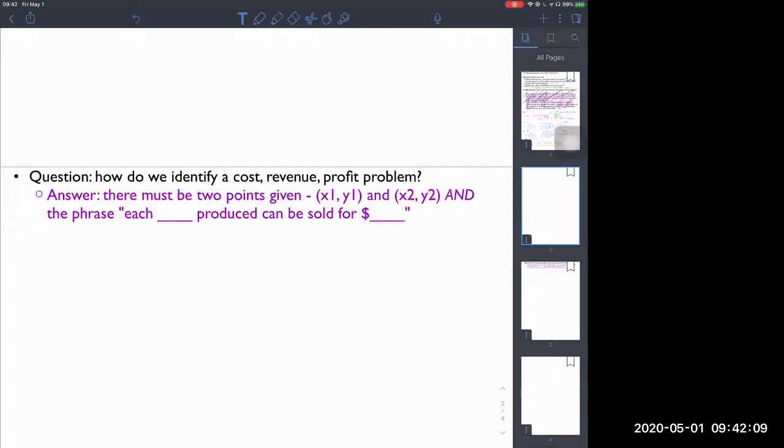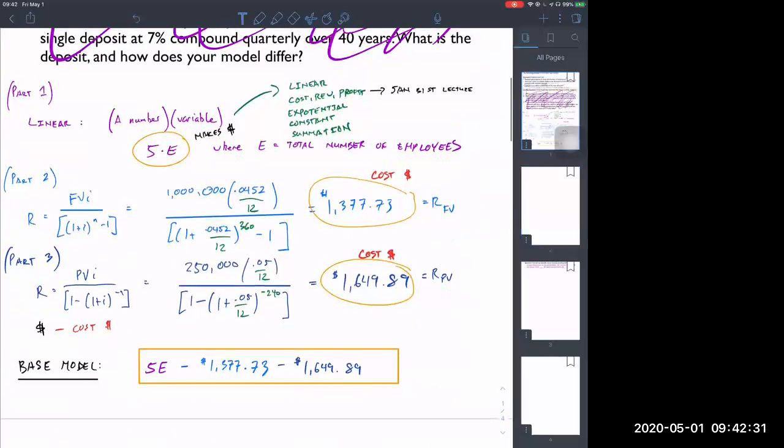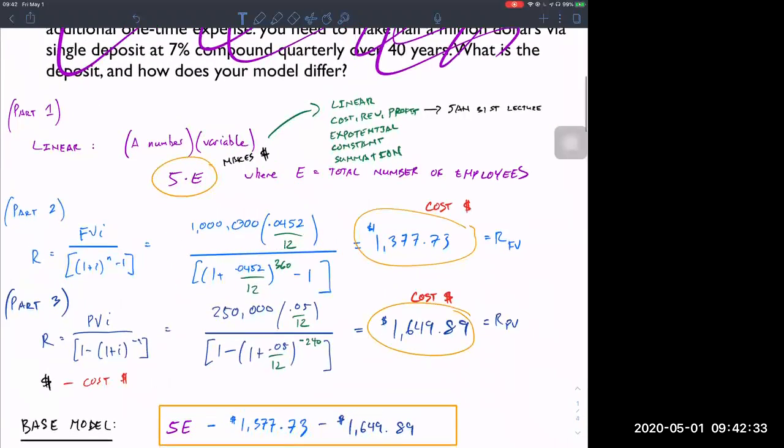So that's how you know that it's cost revenue profit, because they have to give you not only the 2 points, but they also give you that.